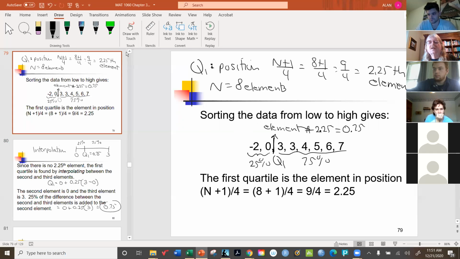So this is my quartile. And as we just showed, using interpolation, it's 0.75. Oh, that seemed like a lot of steps, didn't it? But once you get the hang of it, it'll be easy to see what you're looking for.